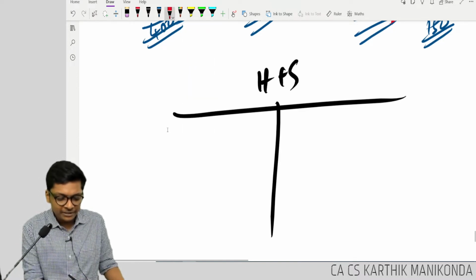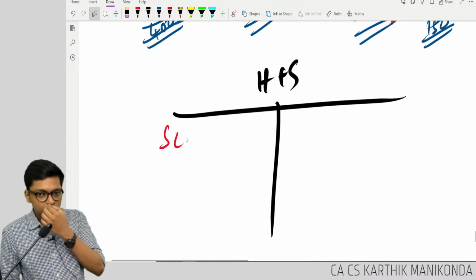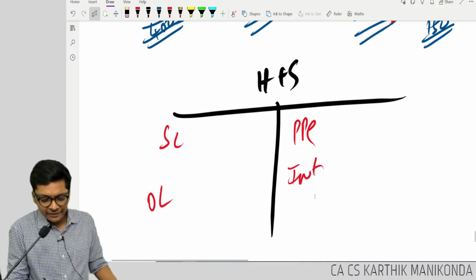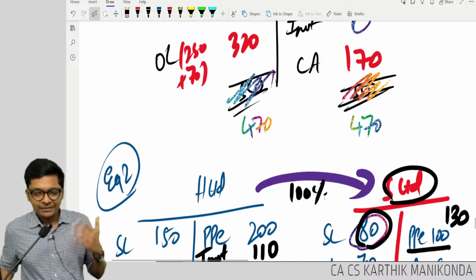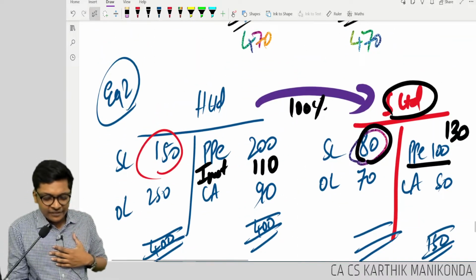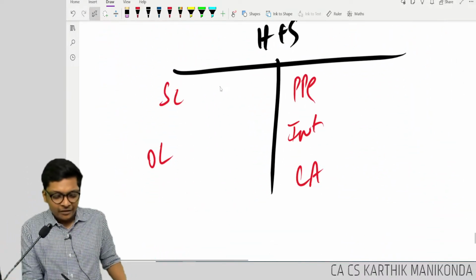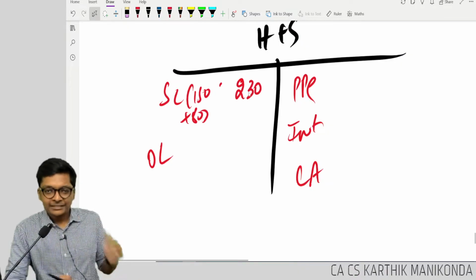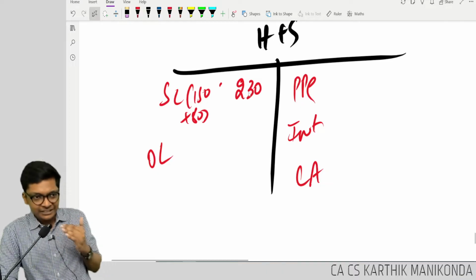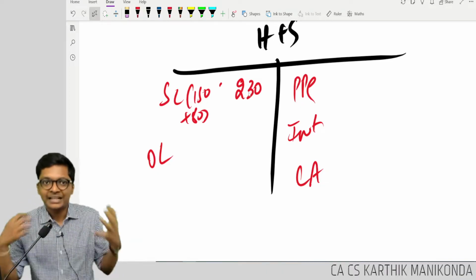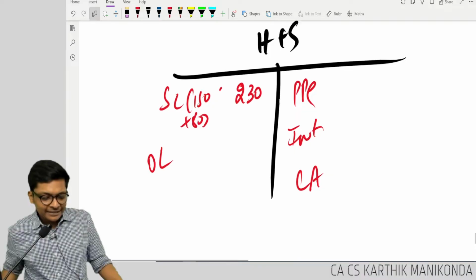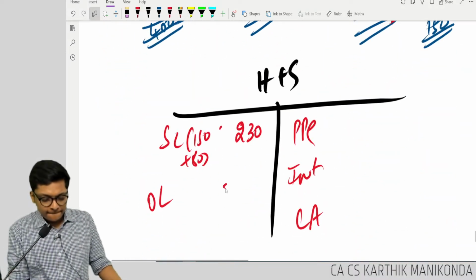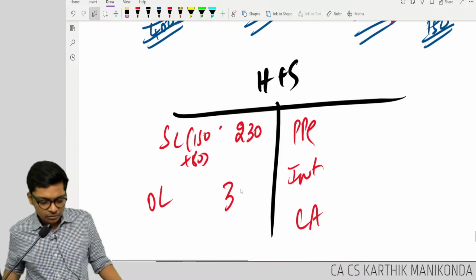Give me the first variables, share capital, then other liabilities, PPE, investment, same thing, add and add. Share capital 150 plus 80. Sir, 150 plus 80, 230. Sir, you can cancel. No, sir. Wait. First, we will do step by step. First, I will use add. Next, other liabilities. 250 plus 70. 320.